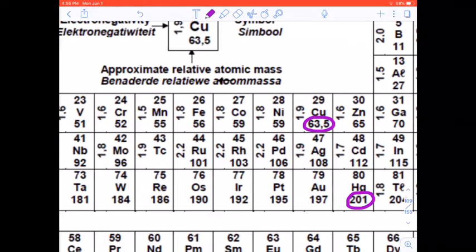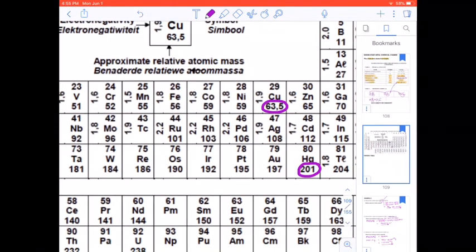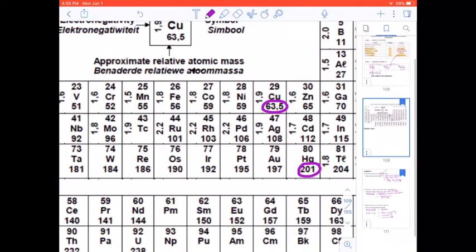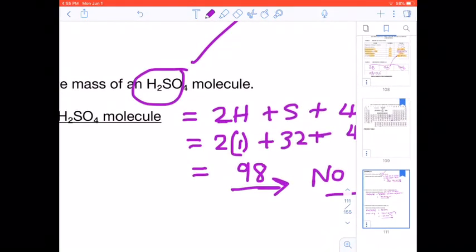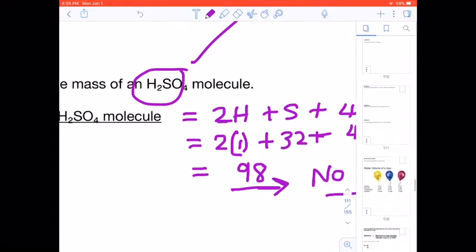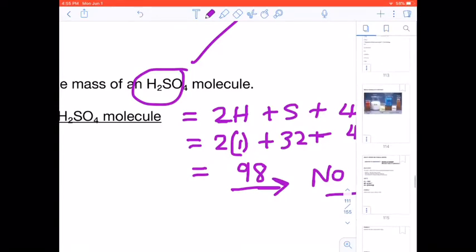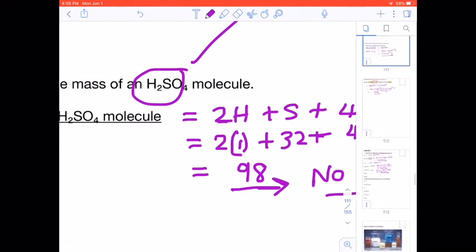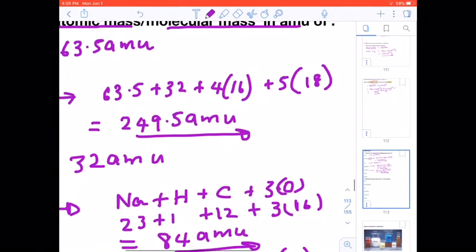Okay, so we then use a rounded off value. Okay, there we are.